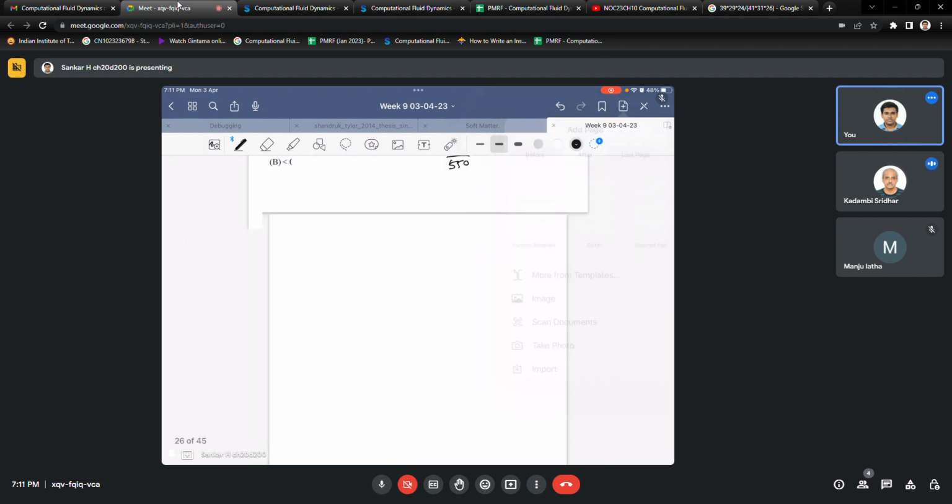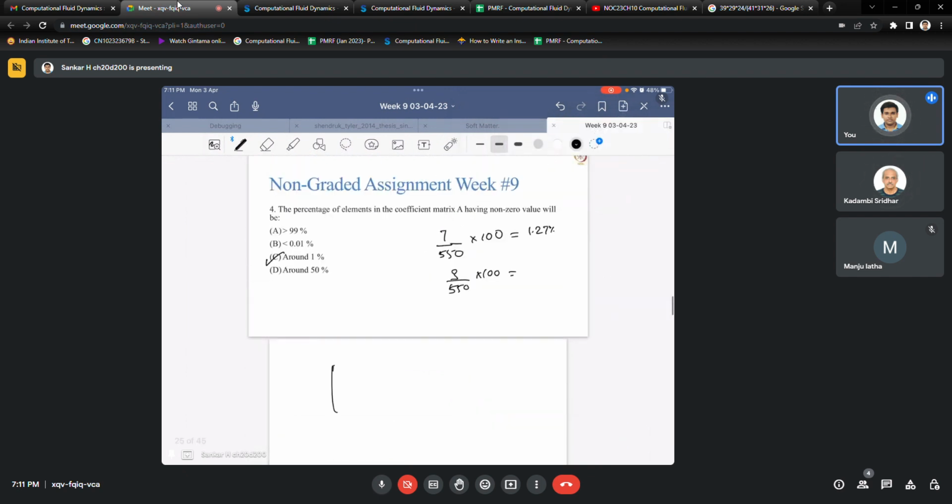So let's consider this as the two-dimensional case. 1 2 3 4 here, 1 2 3 here. These points over here, 1 2 3 4 5 6 7 8 9 10.